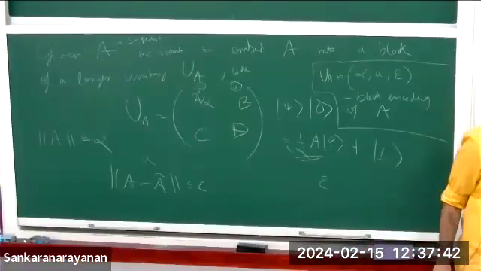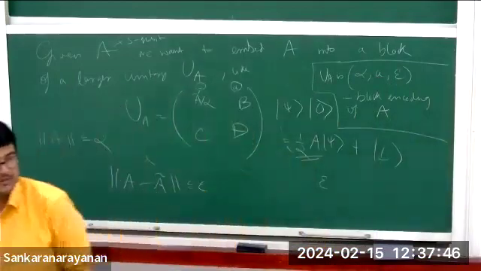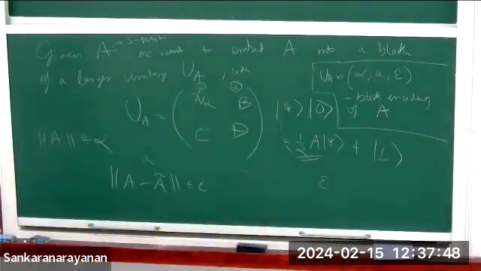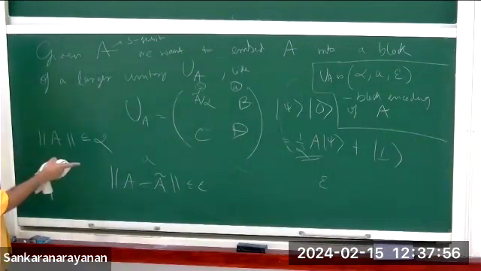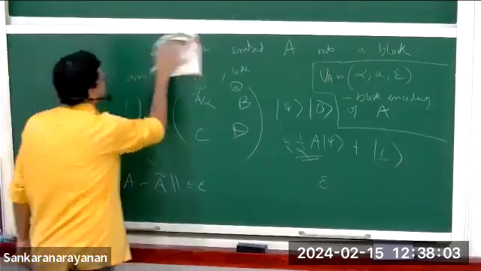Do you guys know what density matrices are? Density matrices are just classical ensembles of quantum states, let's say. Should I rub this? Yeah, you have copied this down, right?